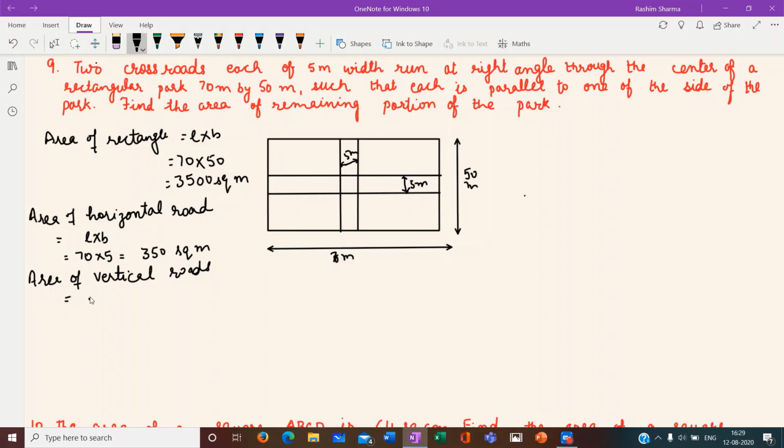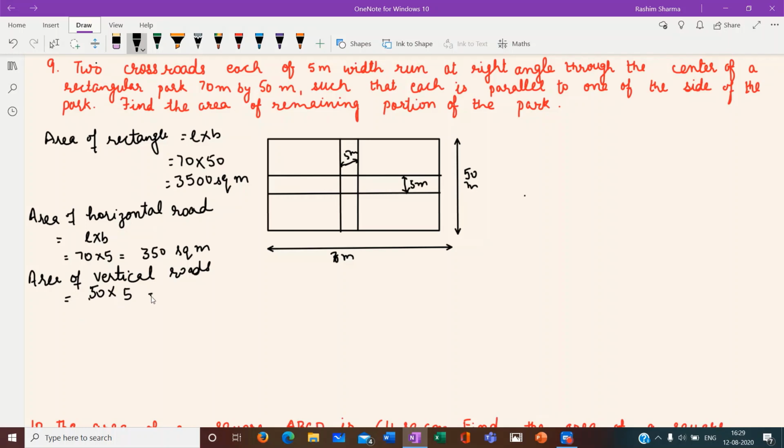So area of vertical road is equal to, here this is the vertical road. You can see the length of the vertical road is 50 meter. So we write 50, and the width we are given is 5 meter.